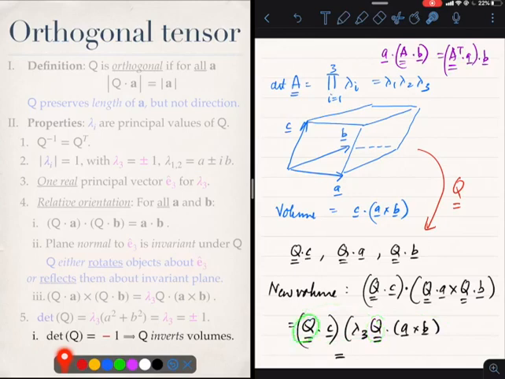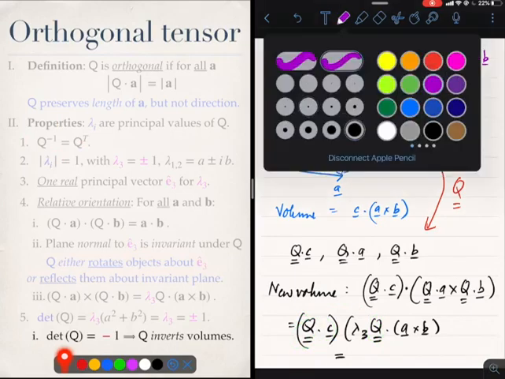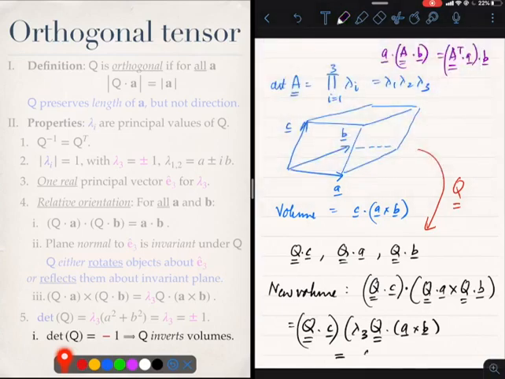Q transpose times Q will be identity, and identity times C will be C, and I will simply get that this thing is lambda 3 C dot A cross B, which is lambda 3 times the old volume.